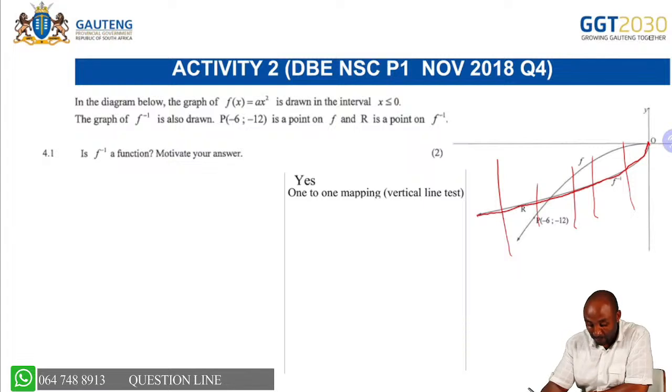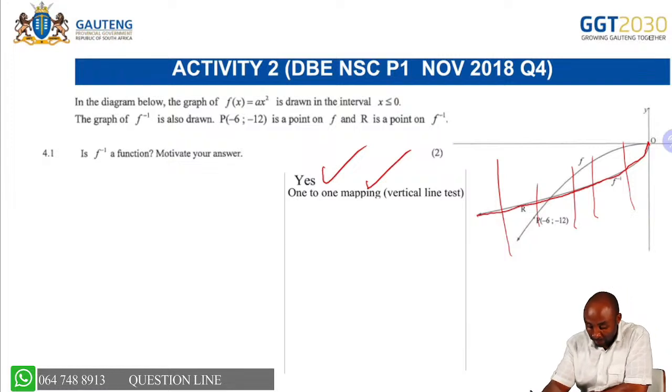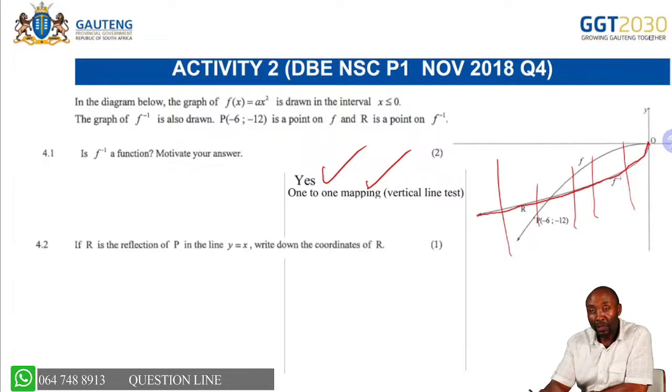It passes both the vertical line test and the horizontal line test. Yes, motivation. We move on to the next one. You can also use the fact that F, which is our original function, is a one-to-one function. Therefore, F inverse is also going to be a one-to-one function.